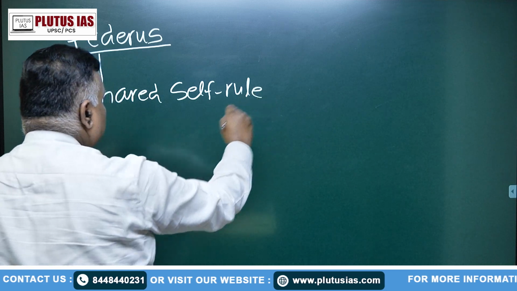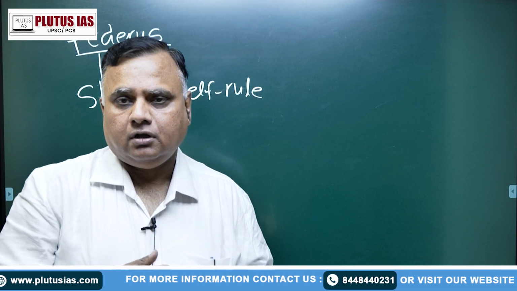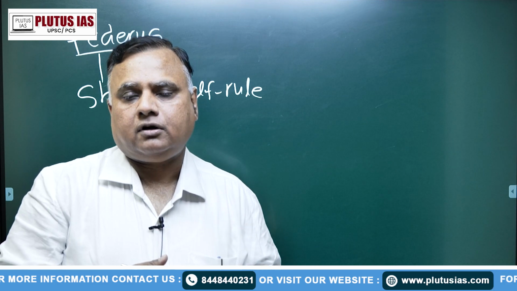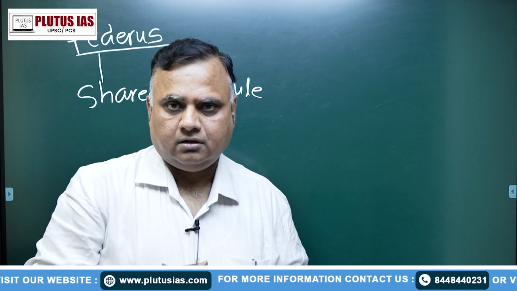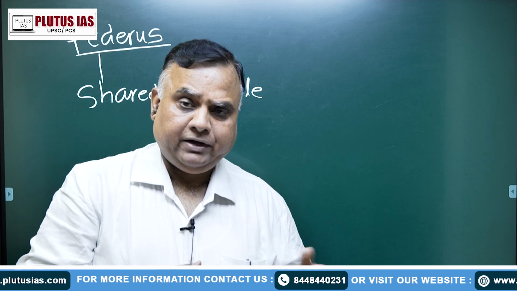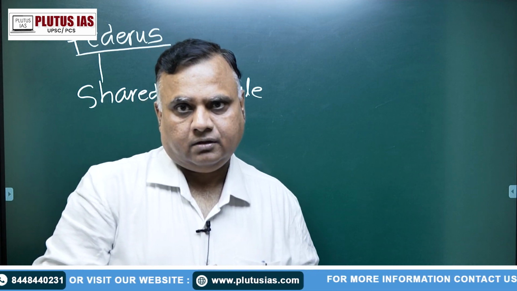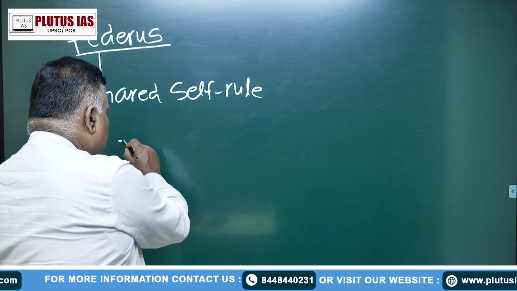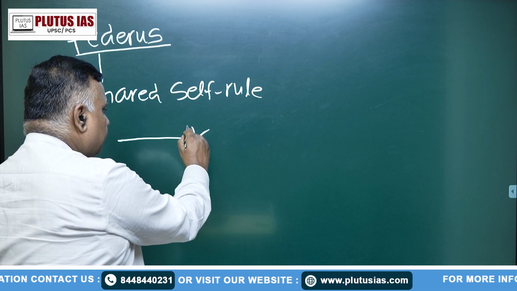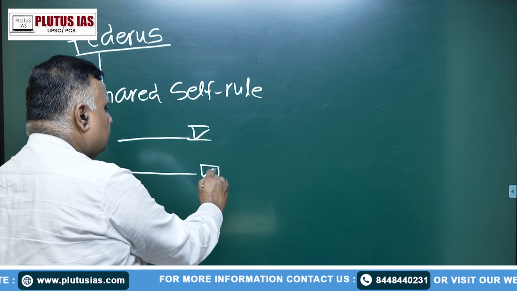So here, the shared self-rule is meant for two tiers of the government, namely federal government and its units. Units means states. So, central government in India is in part 5 and state government in part 6.